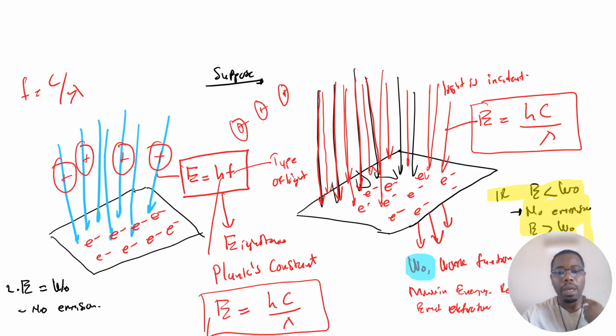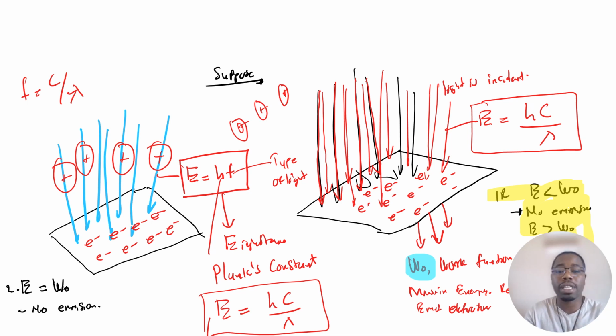Now, let's suppose we have a metal surface. In every metal surface, we have electrons, or in any material, we have electrons. But these electrons are at rest. Remember when we studied electrostatics, the study of electrons at rest.